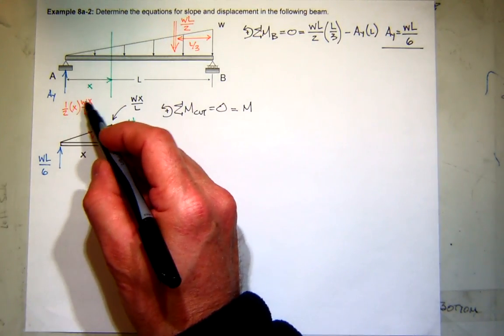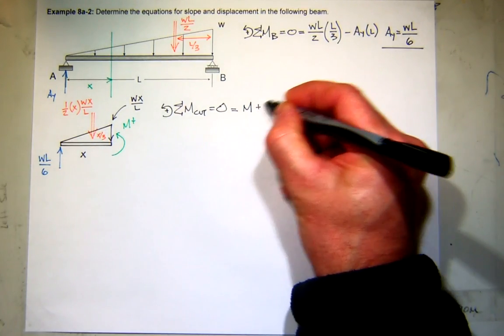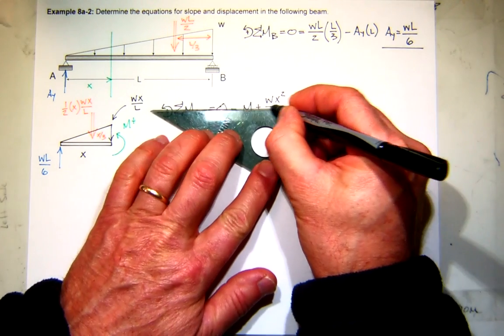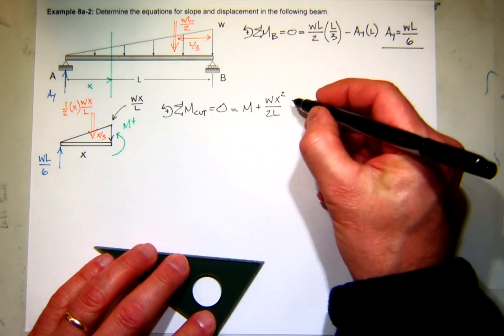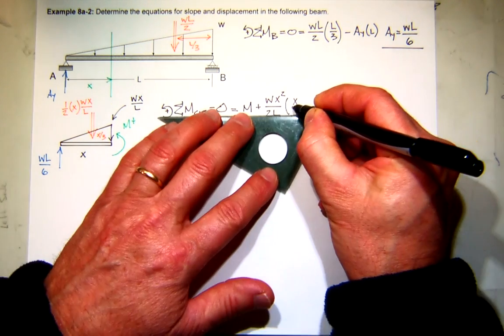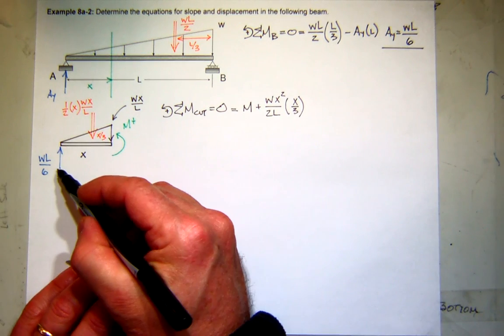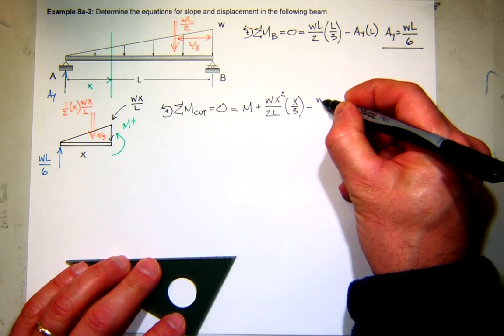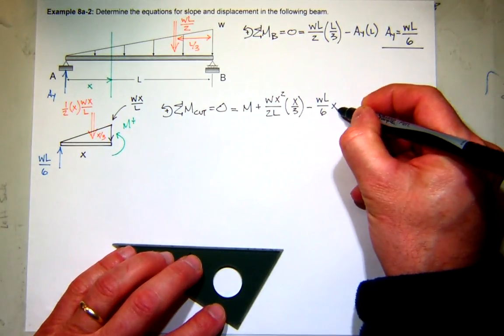It looks like I've got W x squared over 2L. That's my force, and then this is the distance, x over 3. And then I have my resultant force, which creates negative moment, and that's WL over 6 times x.